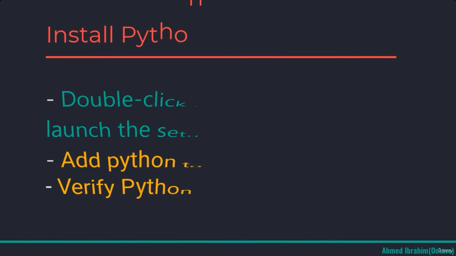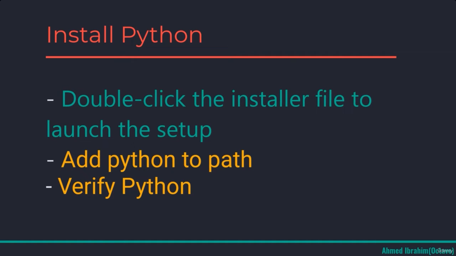In the previous lesson, we saw how to download the install launcher of the Python programming language, and in this lesson I am gonna show you how to install this language locally on your device. After successfully downloading the Python installer on your device, double click the installer file to launch the setup. You will see a pop-up window and start the installation process.